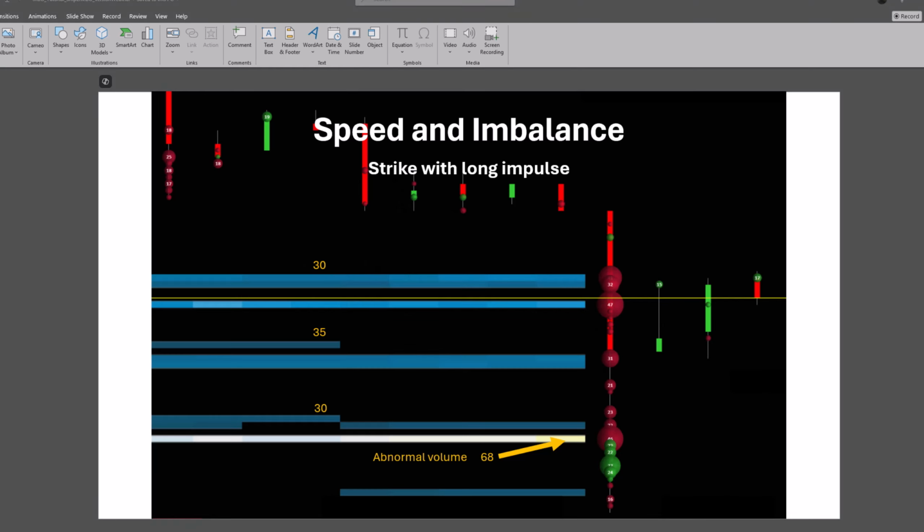Now, since you're seeing my mouse, right? The experienced people will trade this range on the way down. That's the first trade. Then they know the price is going to bounce. They're going to go long. That's the second trade.